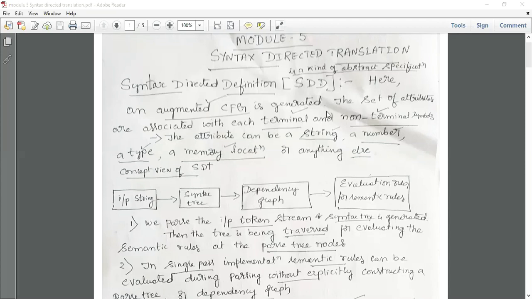The set of attributes are associated with the terminals and non-terminal symbols. We know the terminals are lowercase letters, and non-terminals are single capital letters. All of these can also have attributes. Attributes are properties associated with whatever productions we are using, consisting of both terminals and non-terminal symbols.